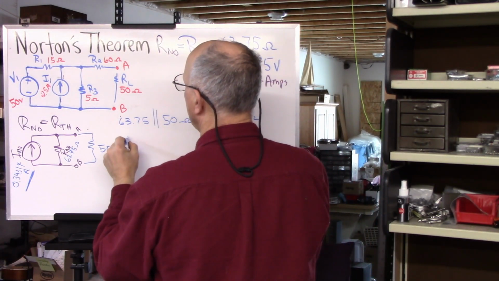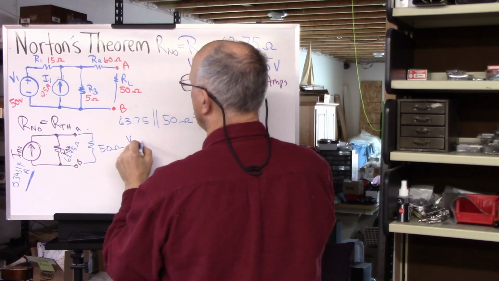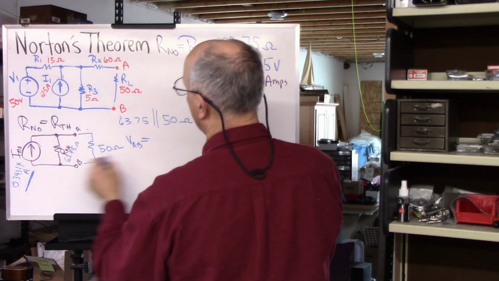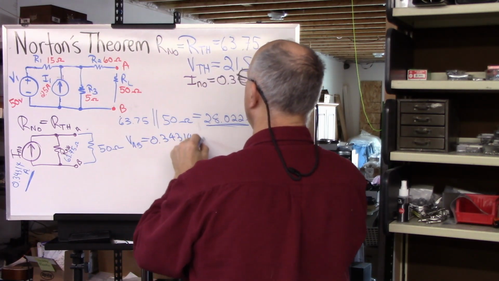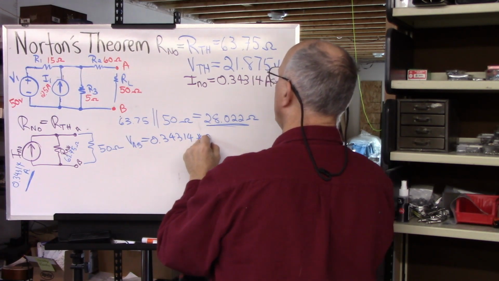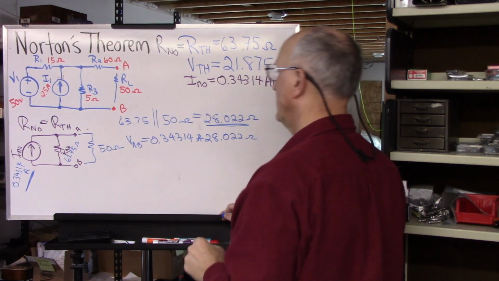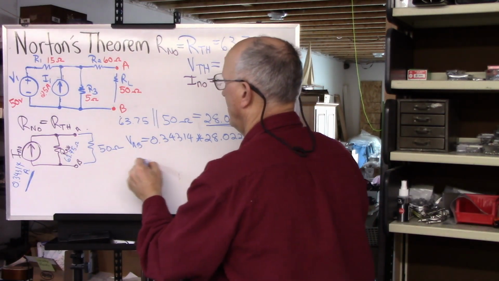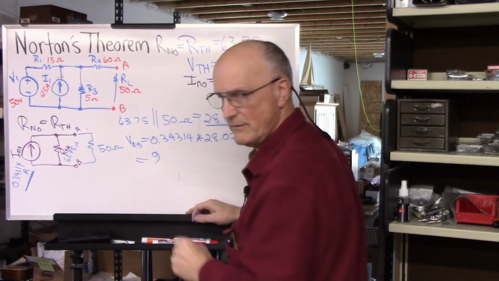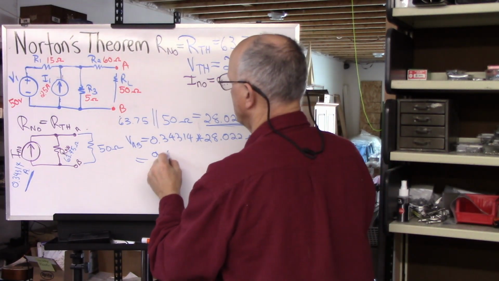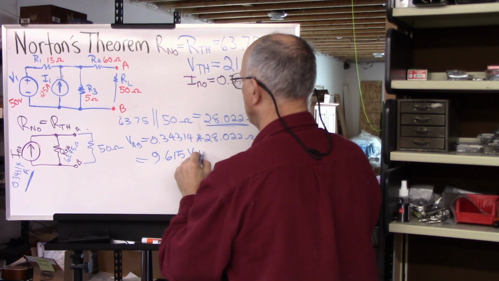So that means that VAB is going to be equal to this current, 0.34314, and we're going to multiply that by 28.022 ohms. And what do we get? 9.615 volts.